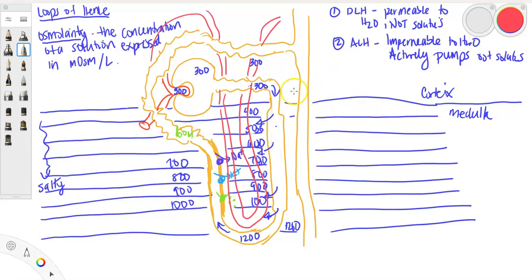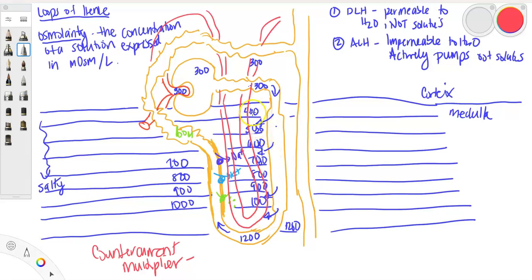So the process by which the water is coming out of the descending loop of Henle, creating a more concentrated filtrate, that is called the countercurrent multiplier. Okay, and that is making the filtrate more concentrated as it goes down.